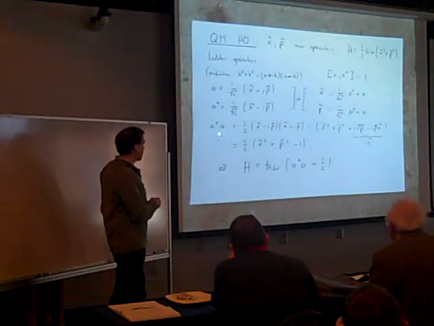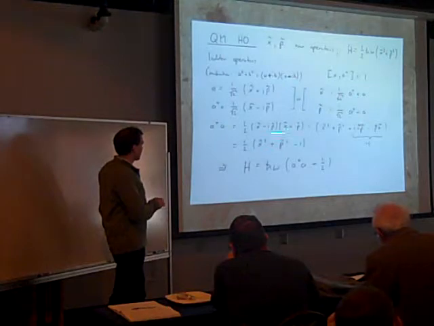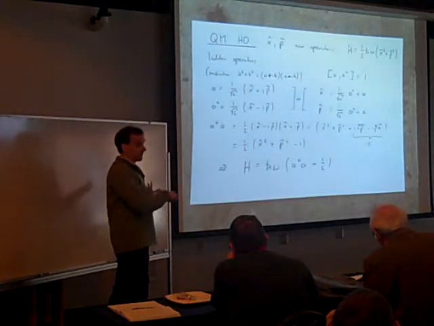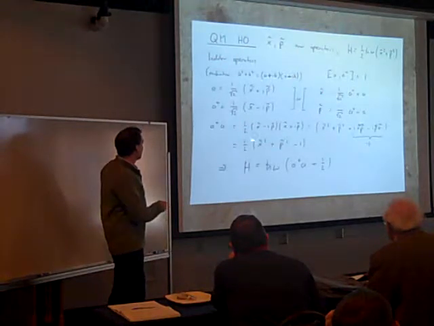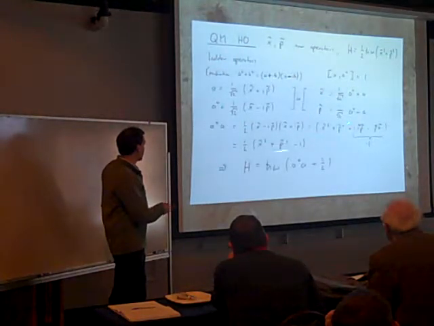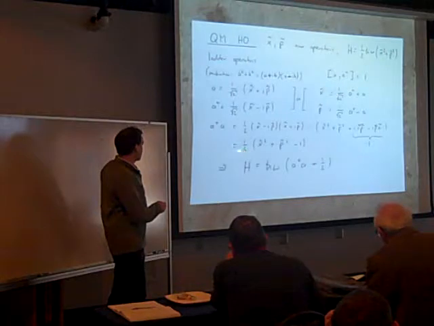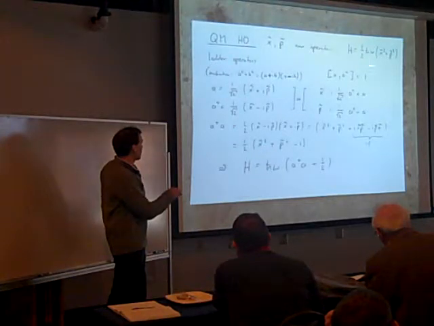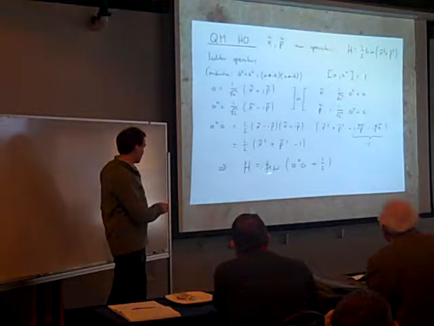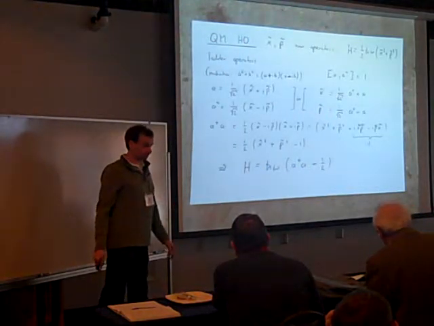If you write a dagger a and you just multiply it out, again, if you're not familiar with this, homework for the next time, you get a dagger a is just 1/2 (x squared plus p squared) minus 1. So this is exactly what we have in our Hamiltonian, hence we can write our Hamiltonian as H is h bar omega (a dagger a plus 1/2).